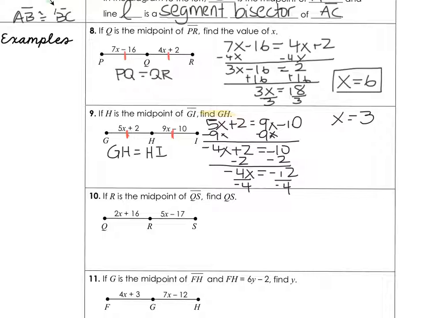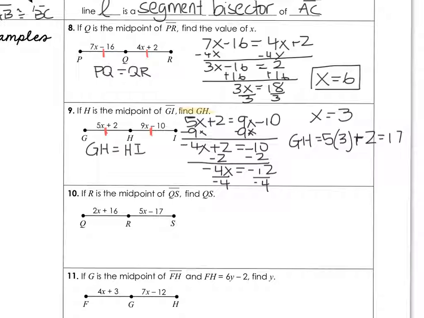But remember, it wants to know GH. So GH, we substitute our x in, so it's 5 times what our x is, 3, plus 2 equals 17.